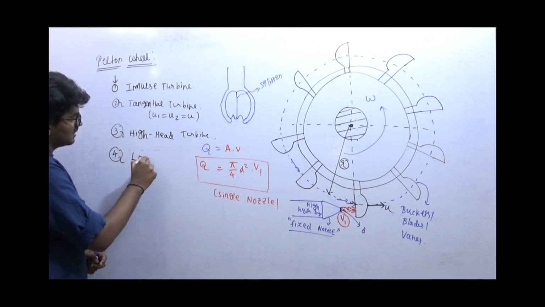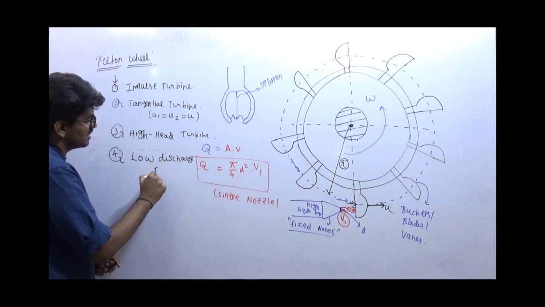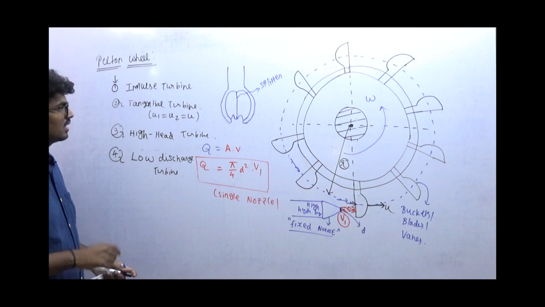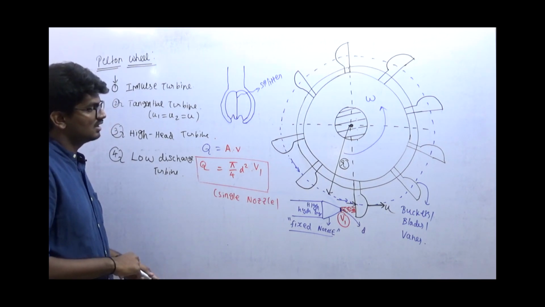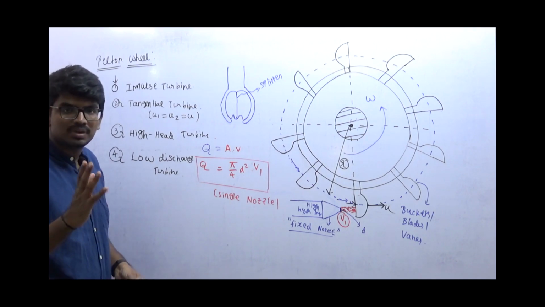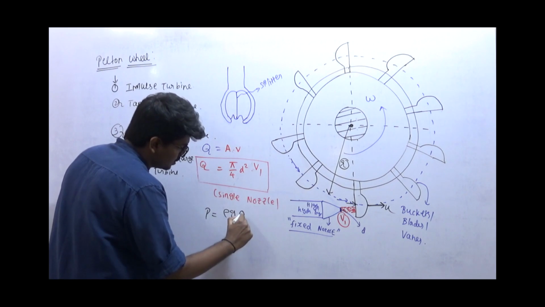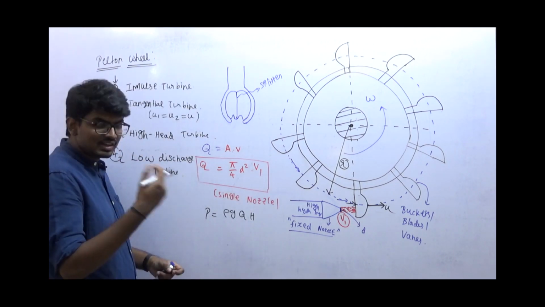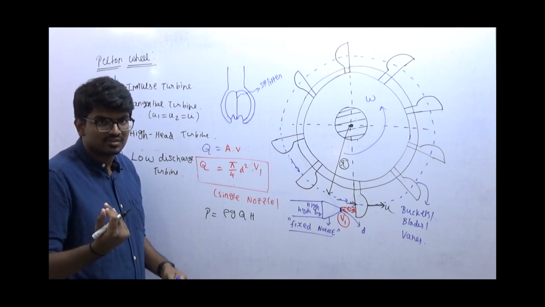Fourth, low discharge. The discharge of this turbine will be low. Let me give you the reason. It is a high head, but low discharge. Listen, the water power which we are going to have is nothing but rho g Q H. And the power which I am going to get at the end is the shaft power, right?